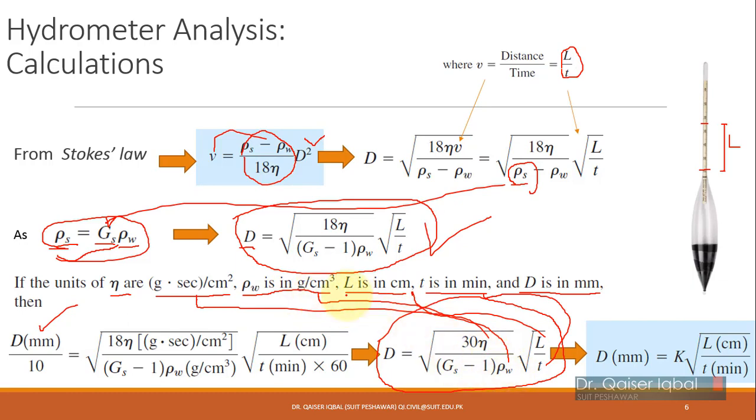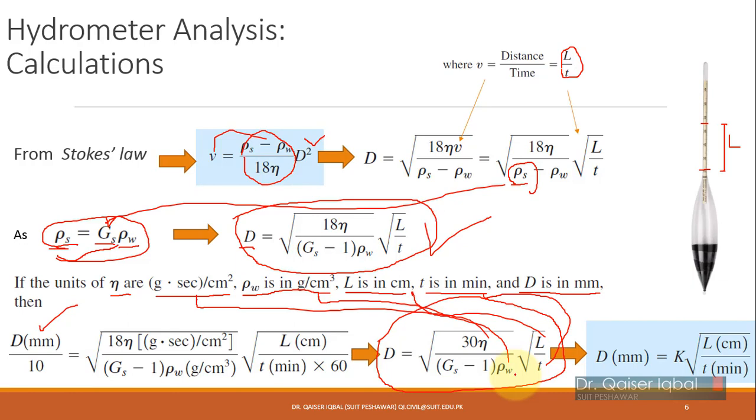For example, if the density is given in kg per cubic meter, you will have to convert it into gram per cubic centimeter, or gram per cc. The unit weight of water is 1 gram per cc, constant at 25 degrees centigrade, so you can use this as 1 as well.